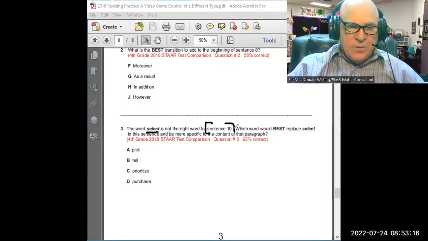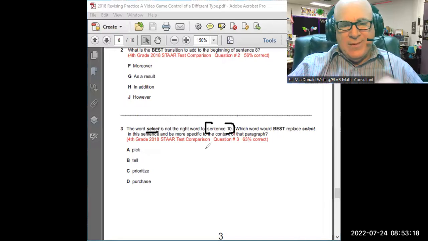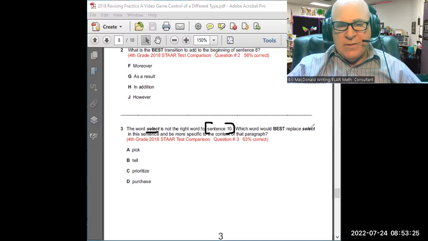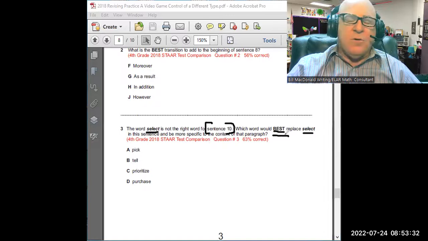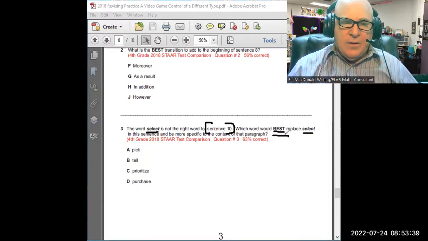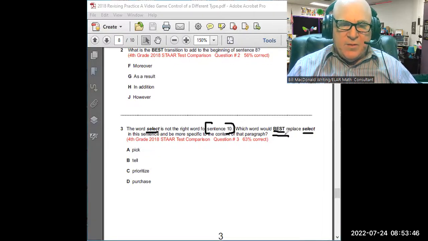So all we have to do is read that word in the context of one sentence. Which word would best replace select? And I want to remind you that I'm going to underline this twice. Whenever you see the word best, it usually means there's a pretty strong distractor that it's possible your students could pick by accident. In this sentence, and be more specific to the content of the paragraph.